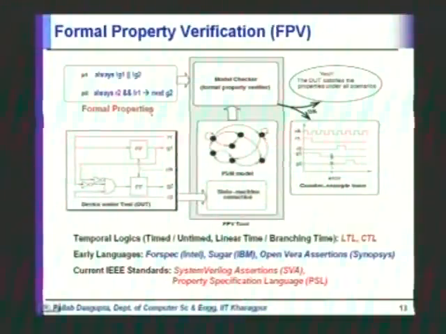And then you have these properties, and the model checker is going to take the extracted state machine and the properties and check it exhaustively on that state machine. Now the whole problem is that the classical method of model checking requires that the state machine be provided explicitly.